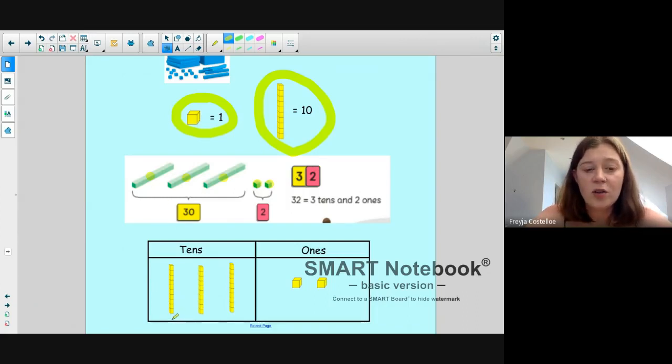We have got 3 tens. That's why I've put them in the tens box. And I have 2 ones, which is why I've put them in the ones box. So all together, I have got 32. Okay.